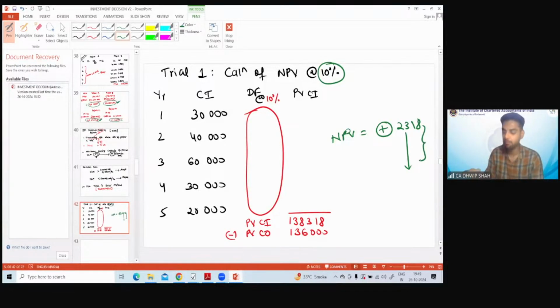To bring down the NPV, the discounting rate should be higher, because at a higher discounting rate, your present value will be less. They are inversely proportional. Higher the discounting rate, lower would be the present value. So our next trial should always be higher than 10%.